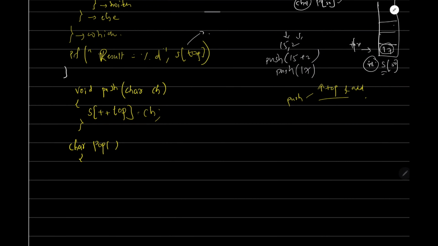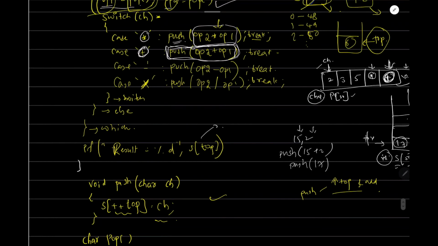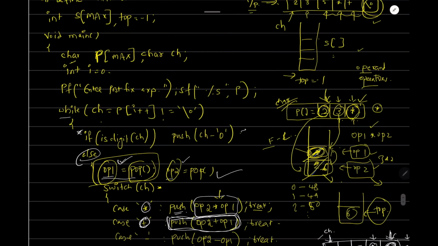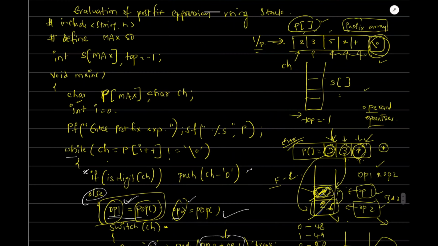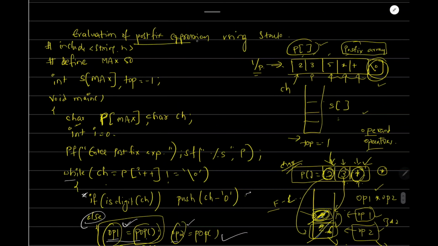So if we are popping, we simply use return s of top minus minus. After popping, the top will be decremented, whereas in push, first we increment the top and then insert the element into the stack. So this is the push operation, this is the pop operation, and this is all the main function operation. By this we will be able to evaluate the postfix expression.